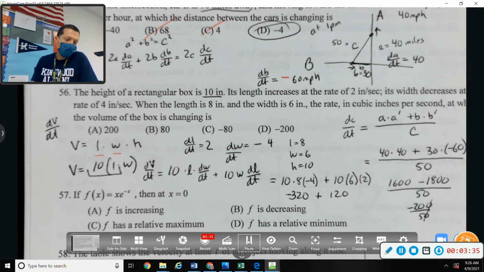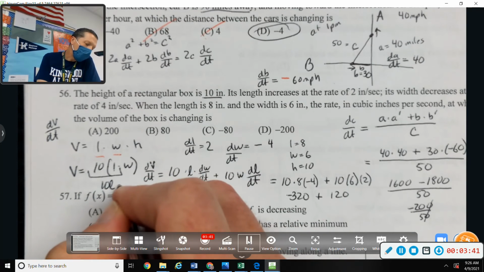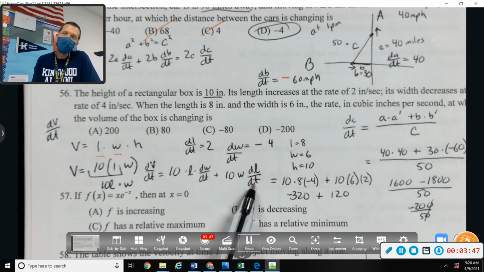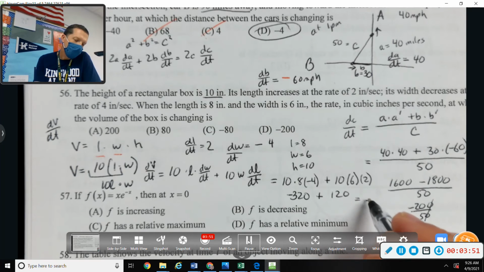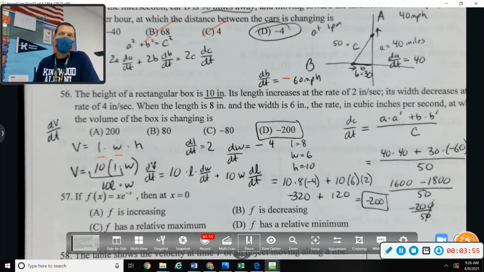It doesn't matter. You're going to end up with the same stuff. It's a constant. So maybe it would have been better to say it was 10L times W and find the derivative of that. But it still would have come out to be this. Negative 200.